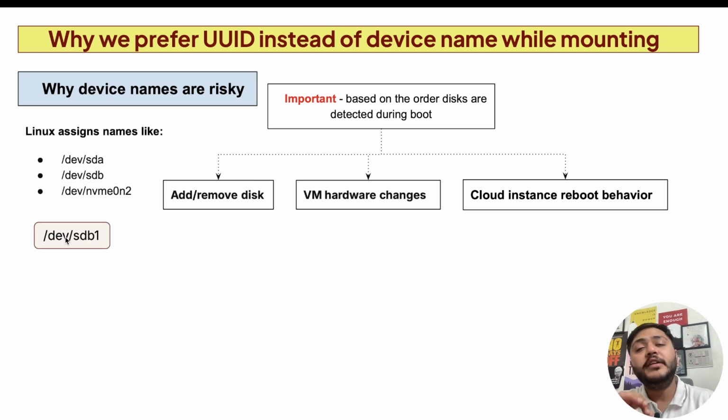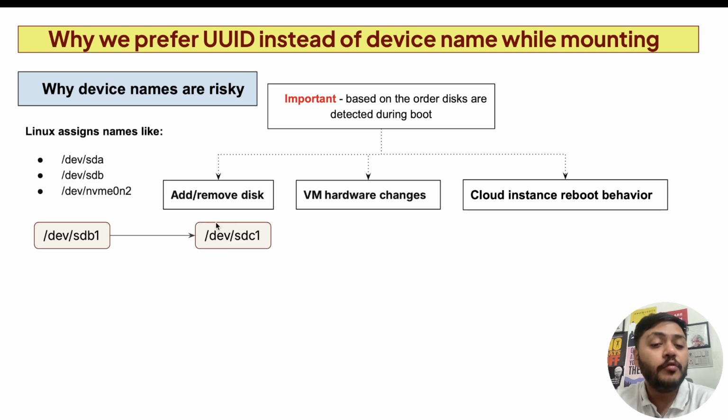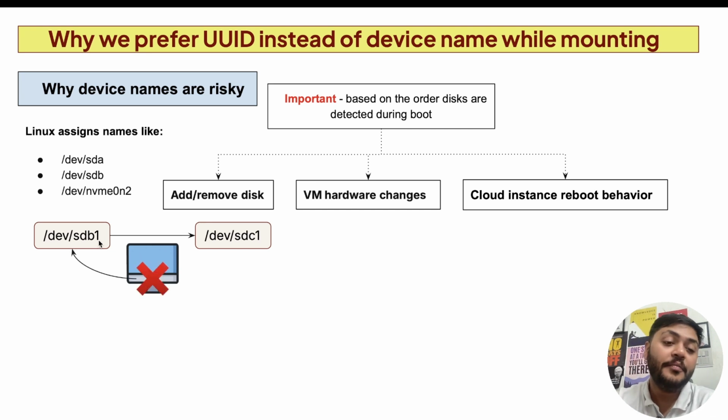Suppose you have mounted your file system using the device name, and in future /dev/hdb1 changes to /dev/hdc1. When you boot your Linux machine, it still looks for /dev/hdb1, but that no longer exists, so the machine will fail to boot.